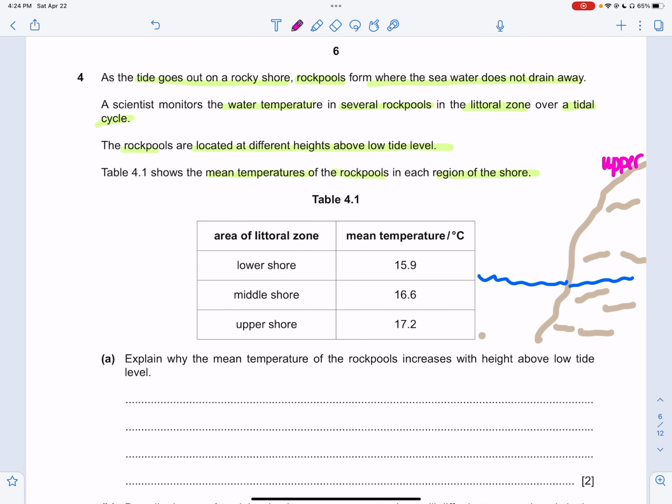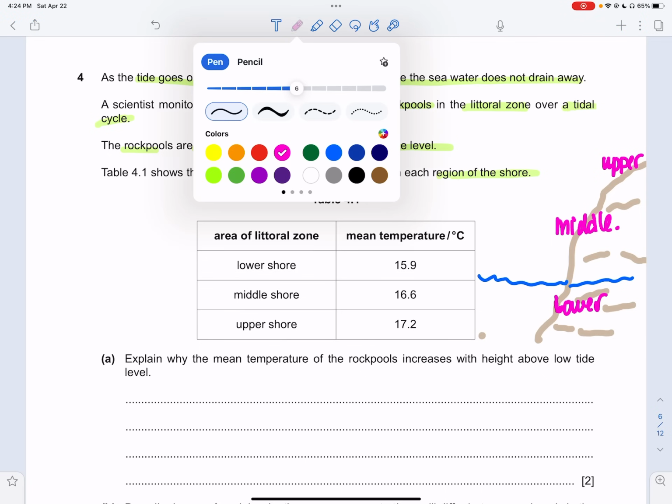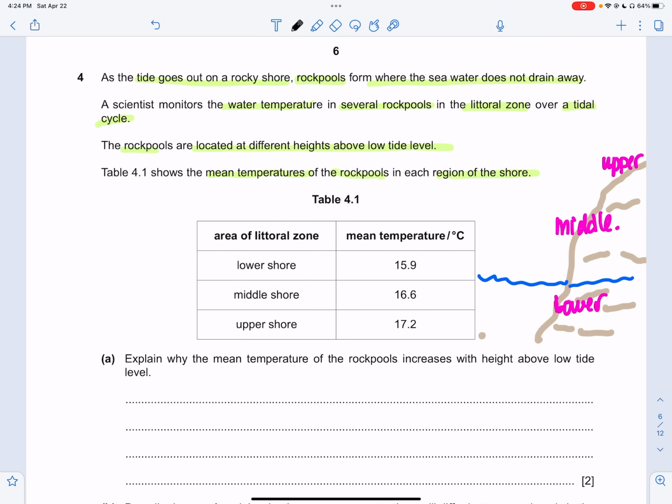Upper shore, middle shore, and lower shore. And depending on what the organisms are adapted to and how much they can avoid desiccation and predation, they will put themselves in certain areas, and that's called zonation. And the biggest resource that organisms compete over here is space.